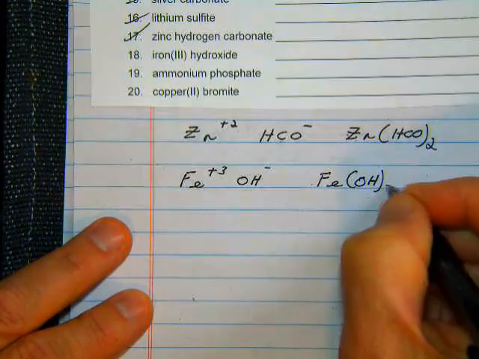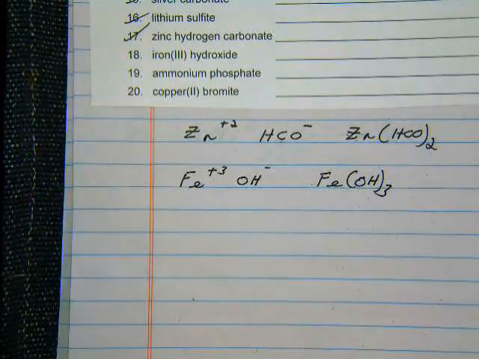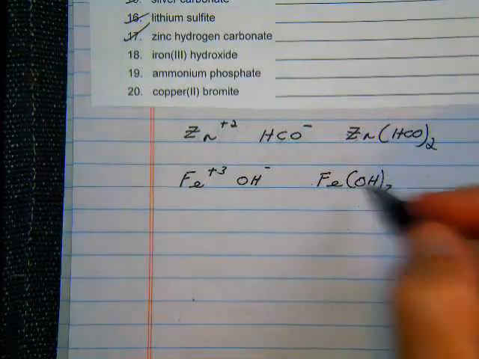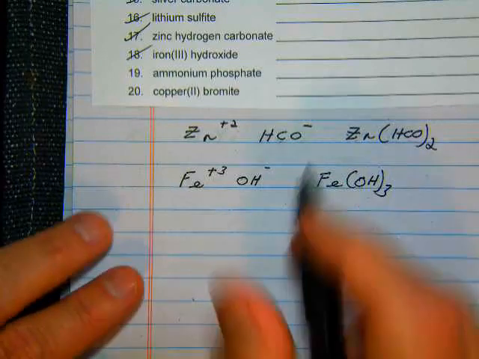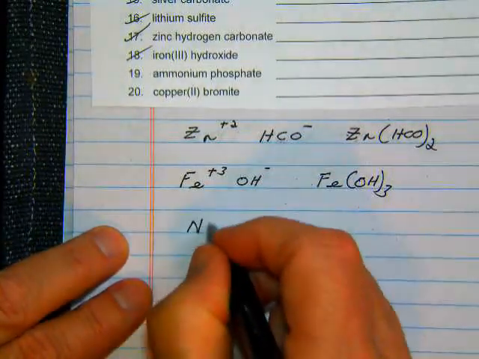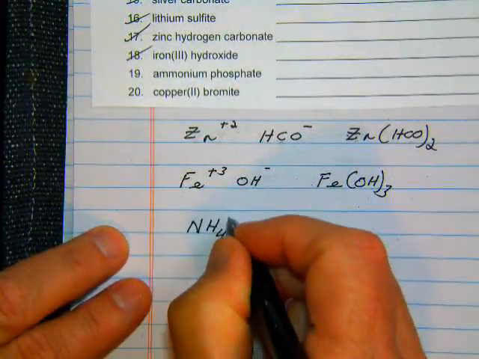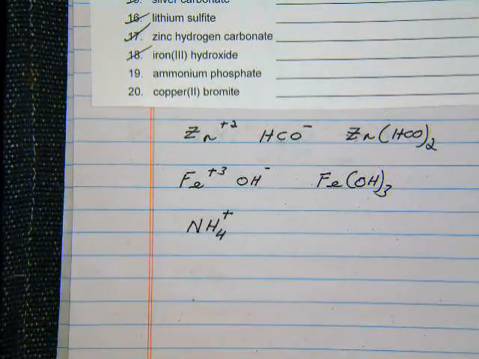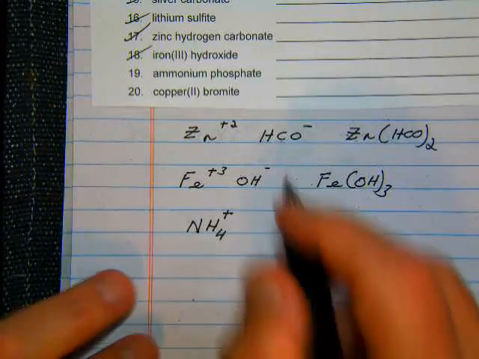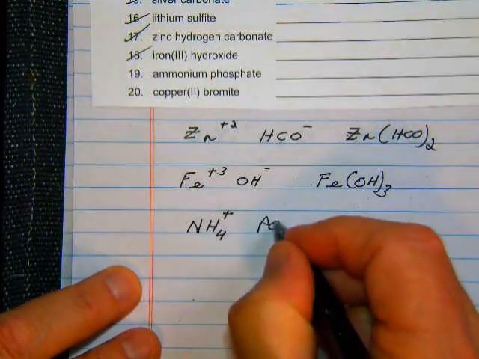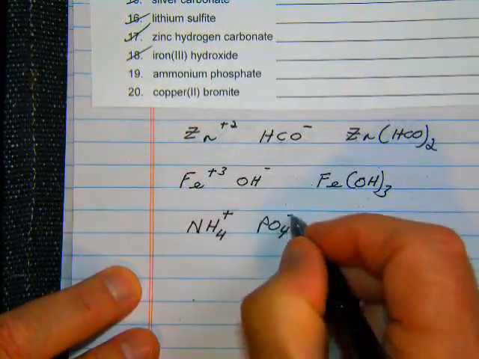Now remember, if you've got more than one polyatomic ion, it has to go in parentheses. Next one is ammonium, and that's the only positive polyatomic ion. It has a +1 charge, and that is combined with phosphate, another polyatomic ion, but this one has a -3 charge.